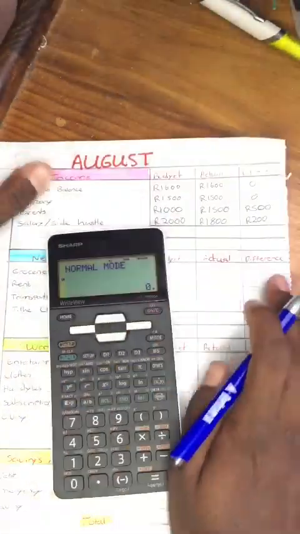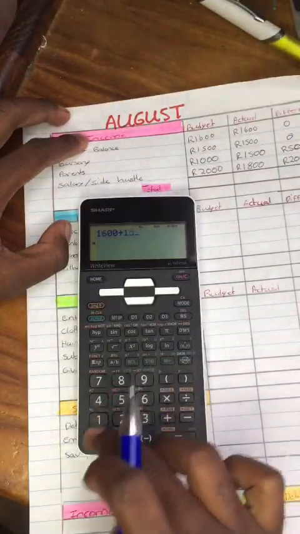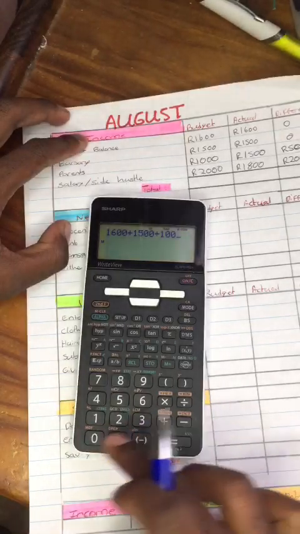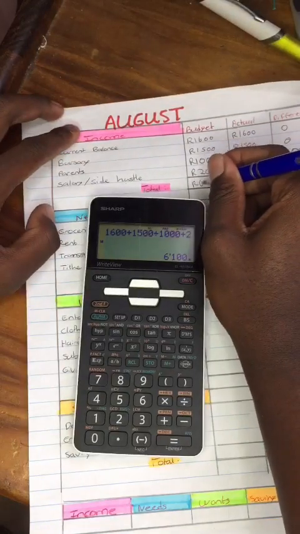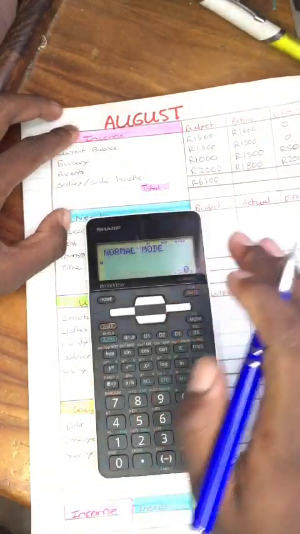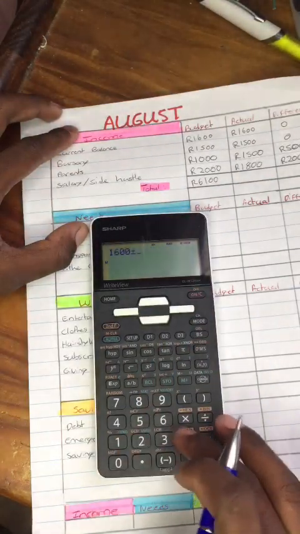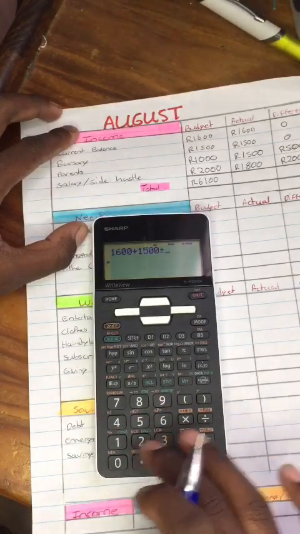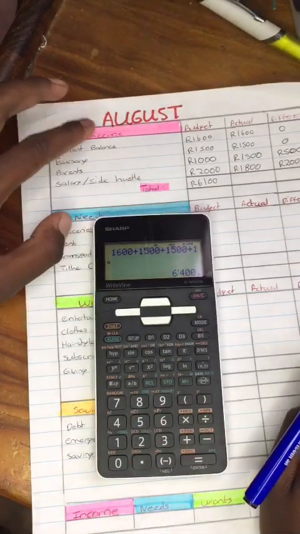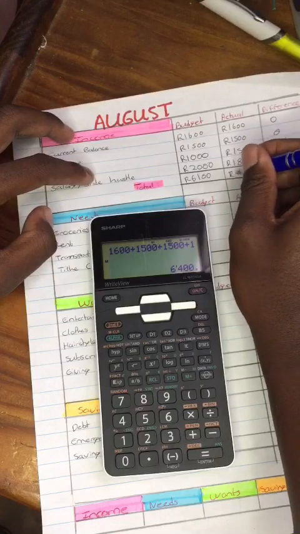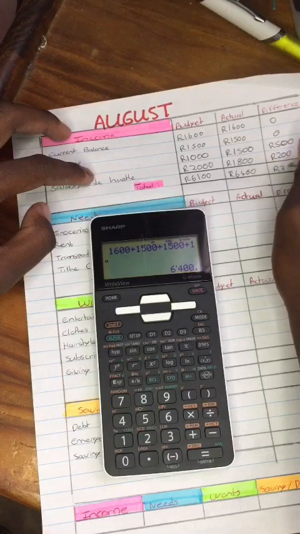And how you do it is that you're gonna add your actual figures, 1,500 plus 1,000 plus 2,000. So initially you projected 6,100, but your actual figure, the money that is reflecting in your account, is 1,600 plus 1,500 plus 1,500 plus 1,800, which is 6,400, and then the difference is 300.